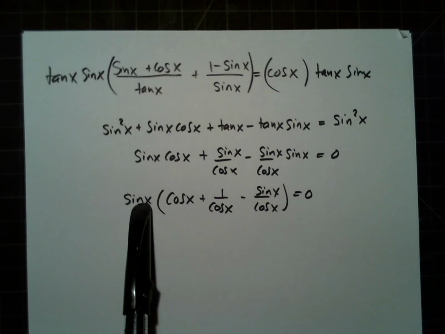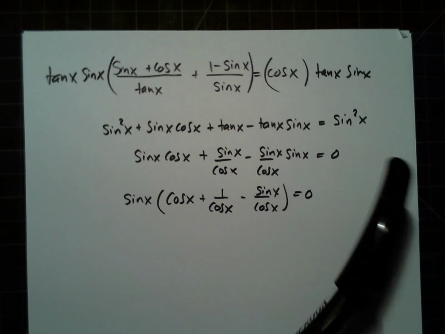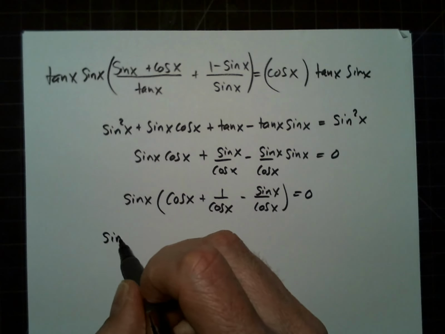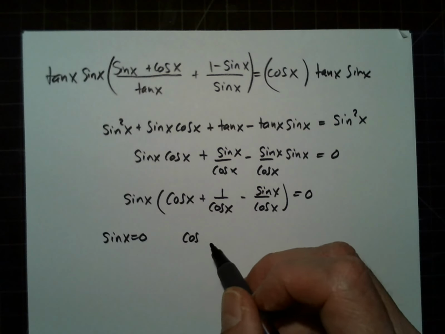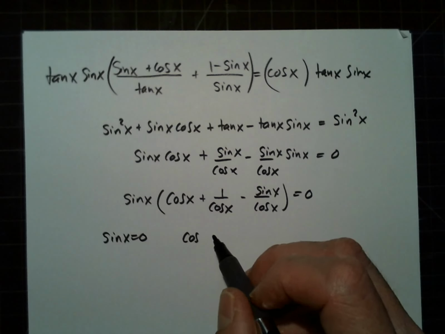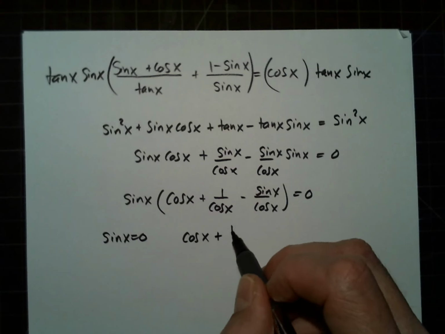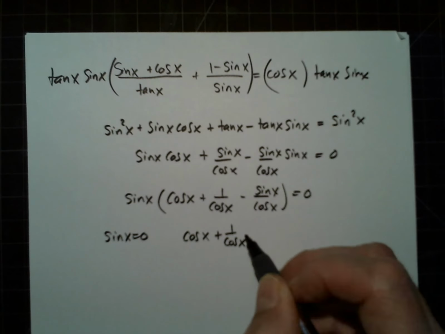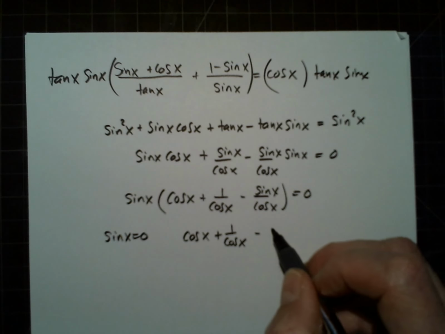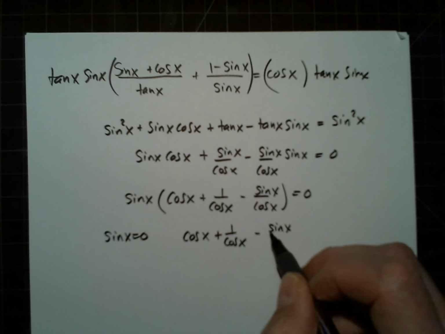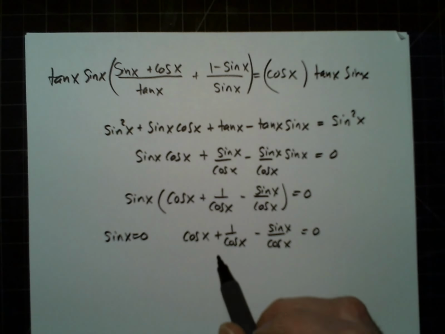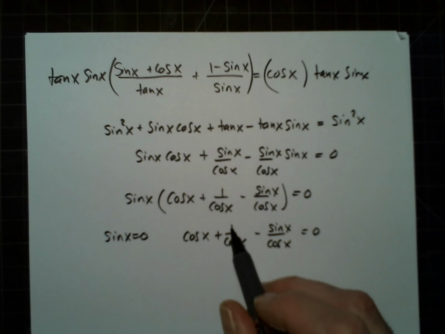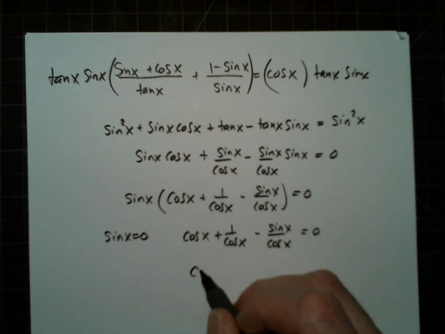Then we can say sine is equal to 0, or all of this is equal to 0. And then we have a common denominator, so that'll be 1 minus sine.